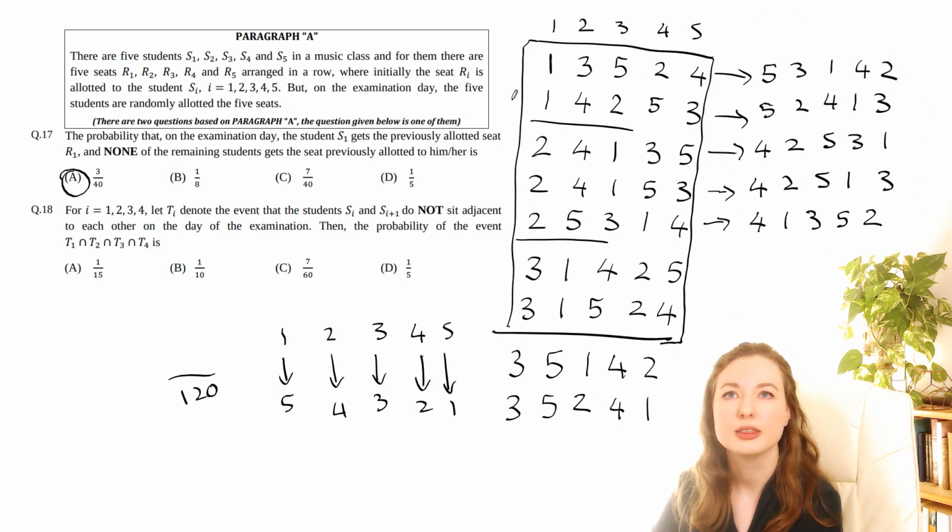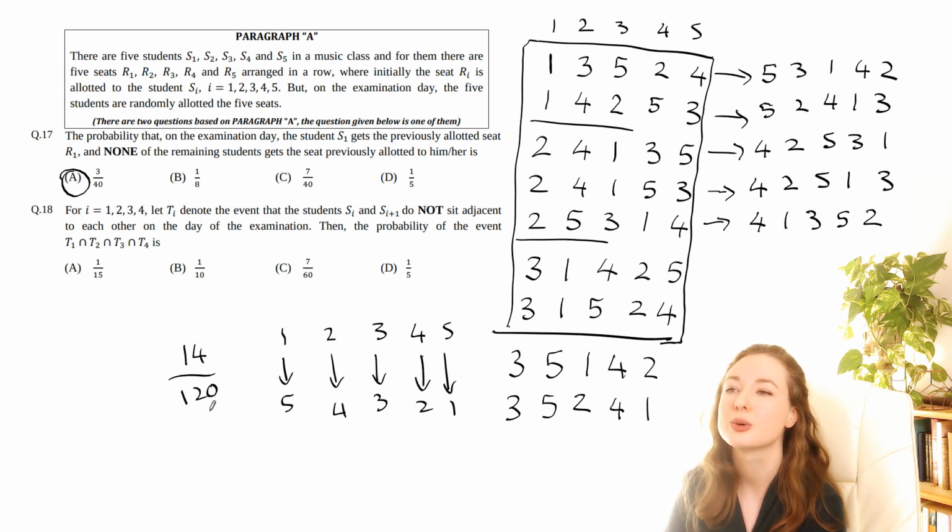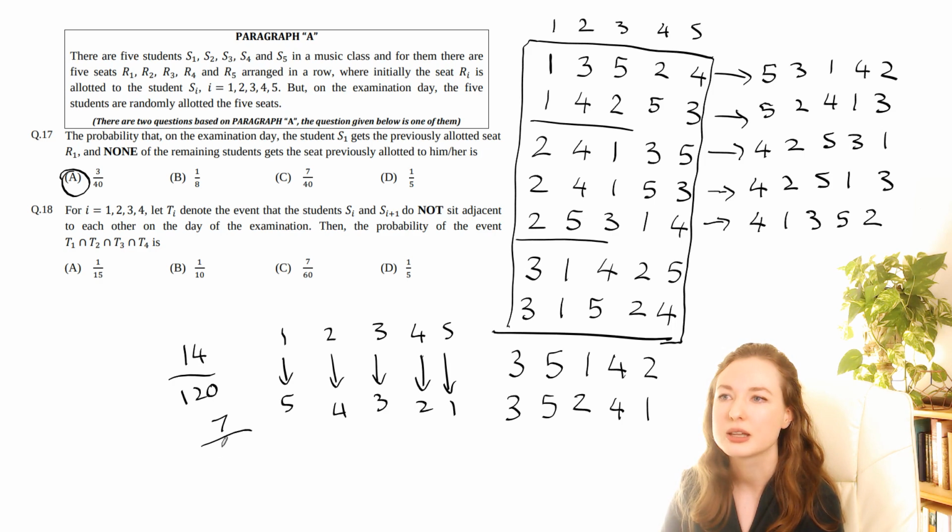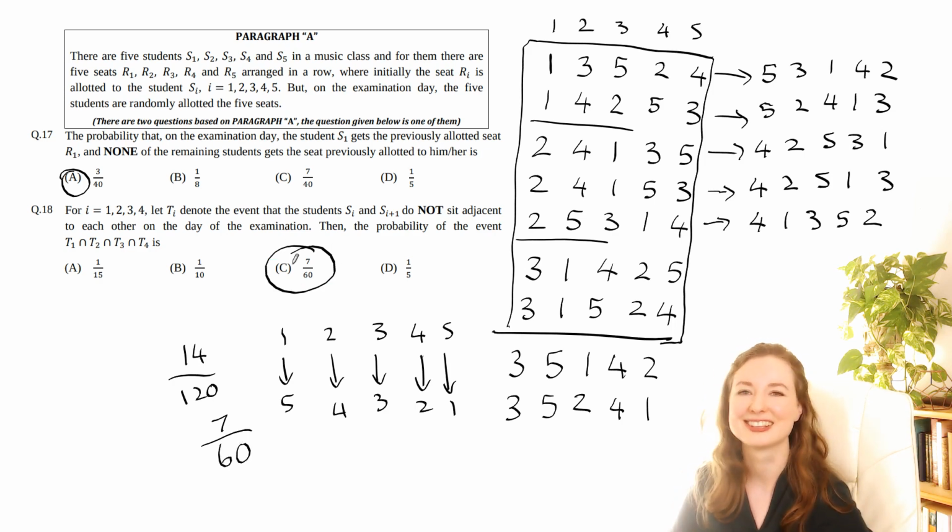So we get these 14 ways. So you might have done it by listing each of those out individually, or you might have sort of stopped there and thought, hey, I can double this. So either way, we're going to get 14 out of 120, and then we can simplify that down because both of those are even. So we get 7 out of 60. So that one is the answer.